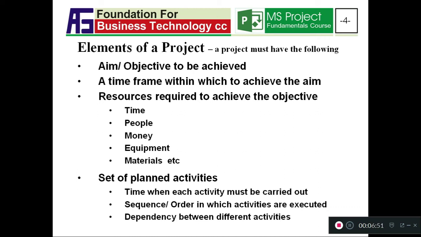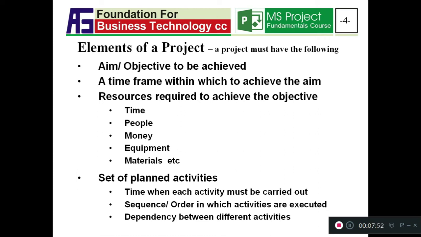Depending on the project, you might require one form of equipment or the other. And then you also need materials. A project requires financial resources or money. So money is the eventual currency that we use to pay for all the other resources, for people, for equipment, and for materials.